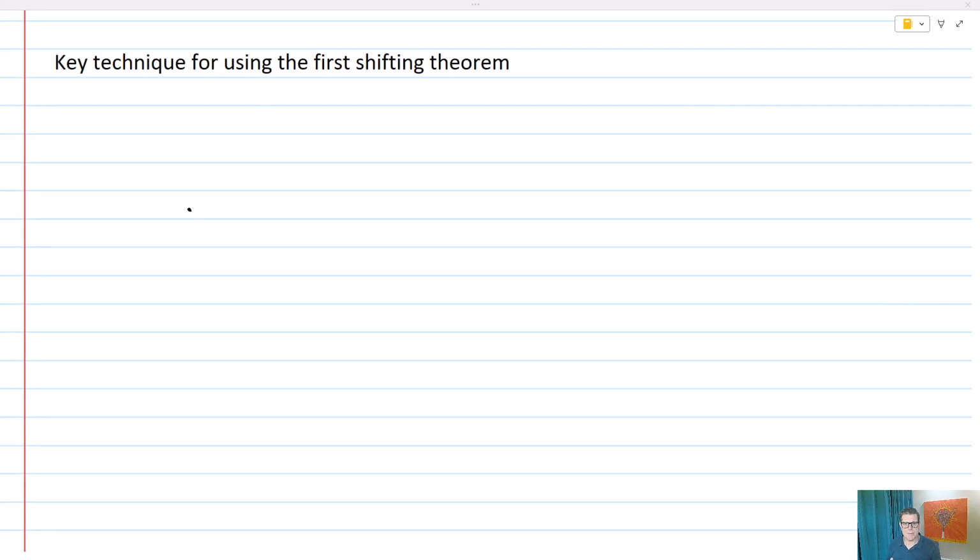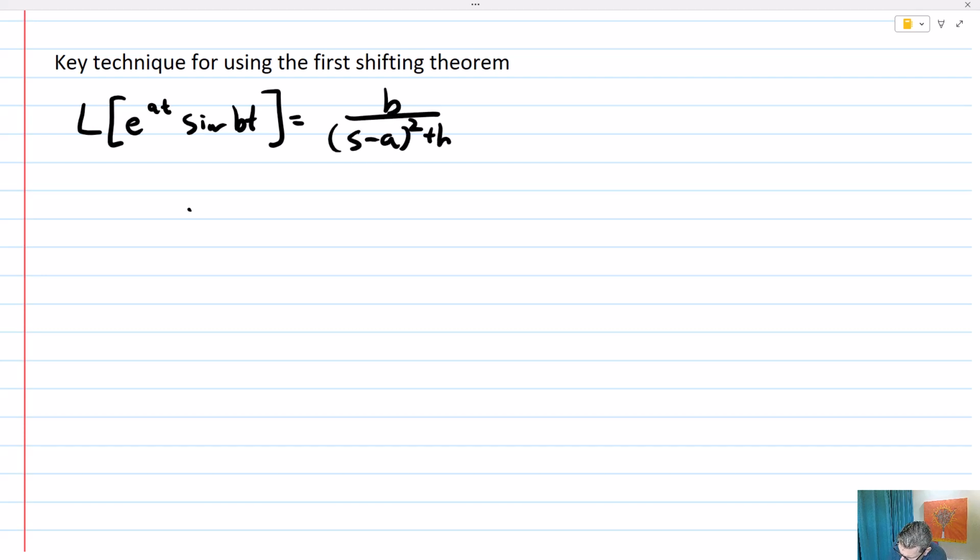So now let's talk about some key techniques and ideas that we got here from the first shifting theorem. One thing is that the first shifting theorem allows us to have essentially 3 new functions that we can find Laplace transforms for quickly. So we have the Laplace transform of e to the at sine bt is going to end up equaling b over s minus a squared plus b squared.